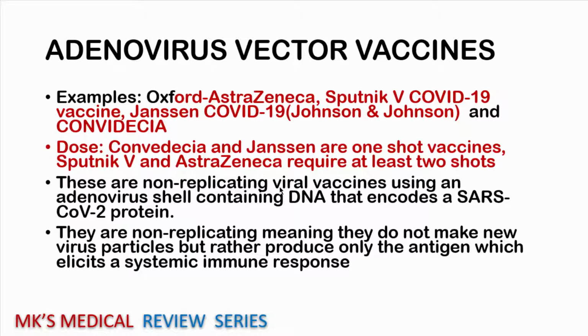So it contains DNA that encodes for the SARS-CoV-2 protein, pretty much the spike protein. Then, of course, the difference is that these viruses are not going to be replicating when you inject them into the body, but they're just going to be present, and the immune system is going to detect them and make antibodies and immunological cells and immunological memory against this vaccine.